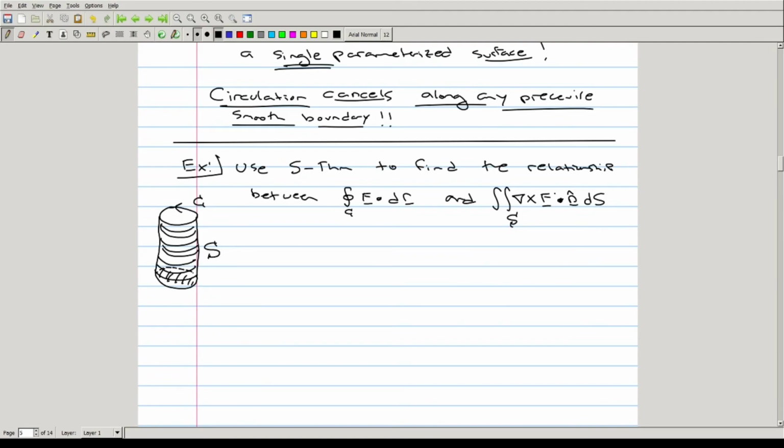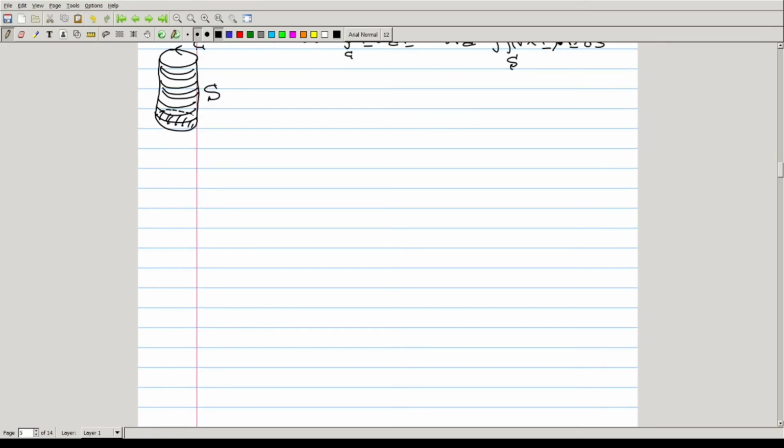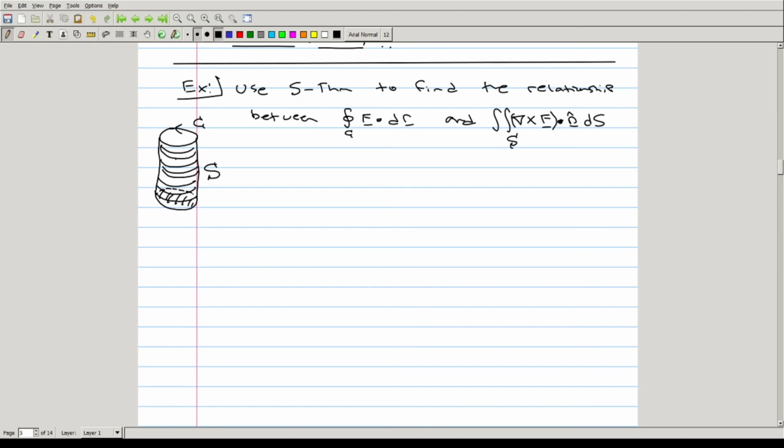And the idea here is that this is a perfect example of a piecewise smooth surface, or a surface with a piecewise smooth makeup, because you have this side surface and you have the bottom surface.